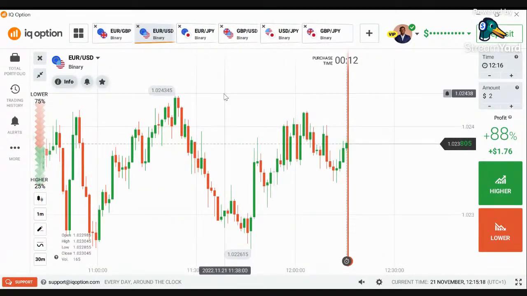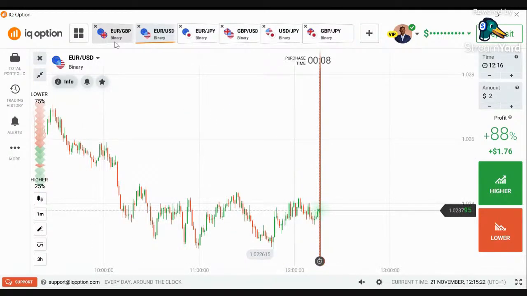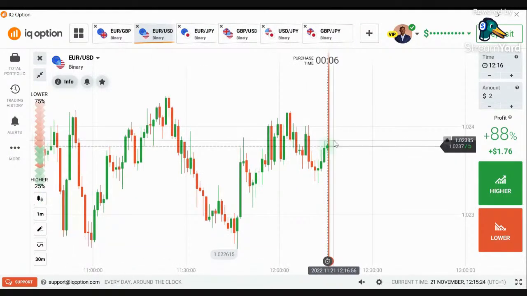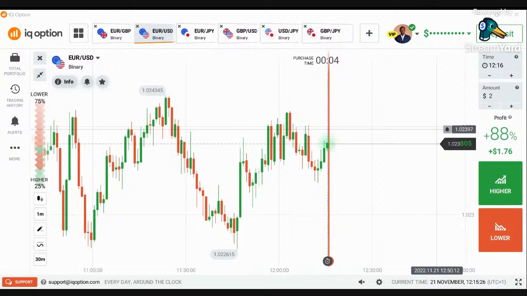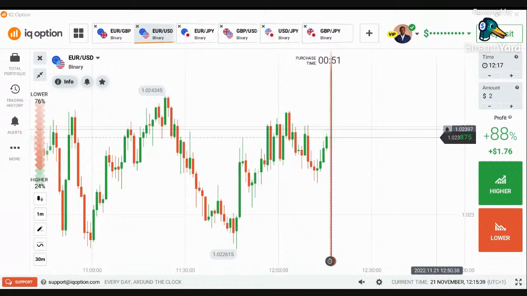All right, now let me talk about the pairs. I'm still going to come back to Euro GBP. Now on Euro USD, if you want to trade on Euro USD, you always observe the market condition. That's why I tell my students, observe the market conditions first before you trade. Now you can clearly see that Euro USD is a choppy chart. A choppy chart simply means a bad market. The characteristics of a bad market are too many wicks and no clear direction.